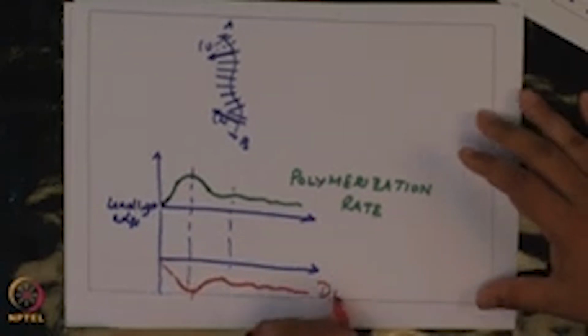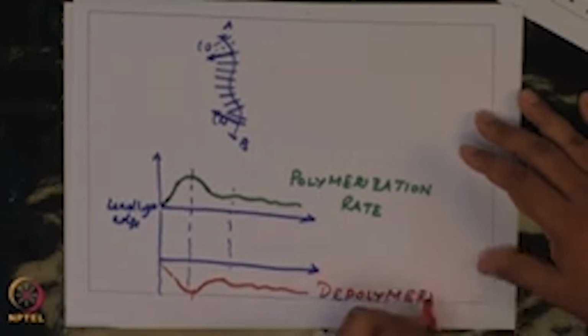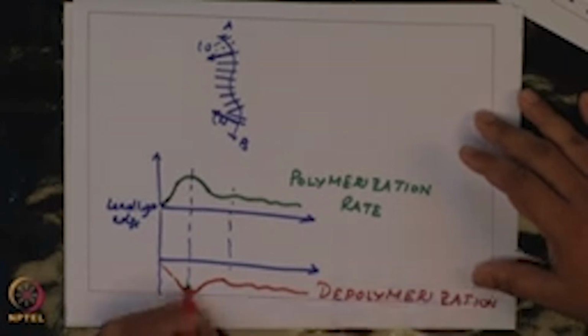So this signifies the depolymerization. Here is the position of the peak. The peak is right shifted.